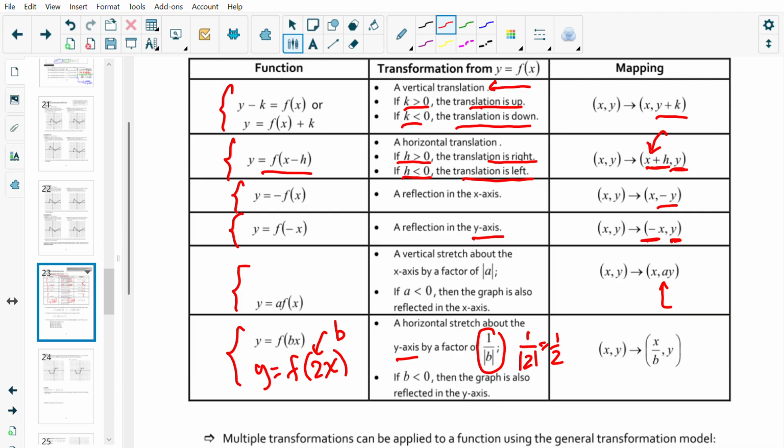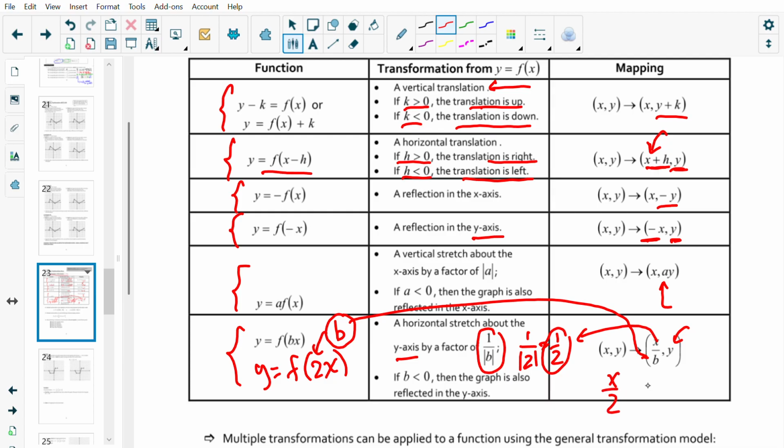Okay, couple ways to think about this. I just like to keep it simple. What you see is what you get here with the b. When you do mapping notation, you take the b value and you say x divided by b, and you leave the y alone if it's just a horizontal stretch about the y-axis. Okay, the other way to do it is if you look at the factor and you multiply x with the factor, you get the same result.